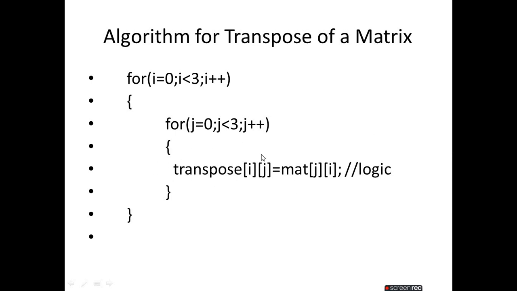Transpose of ij. What do you mean by transpose of ij? In the transpose matrix, transpose ij is assigned the matrix ji. This is just the opposite: transpose ij is stored with matrix ji. So just opposite.